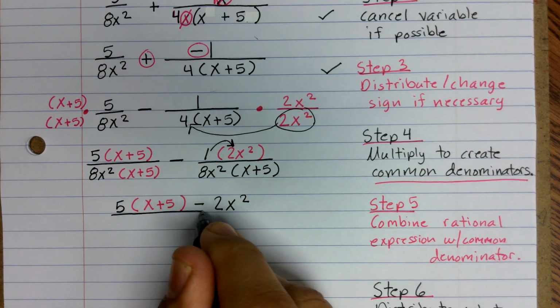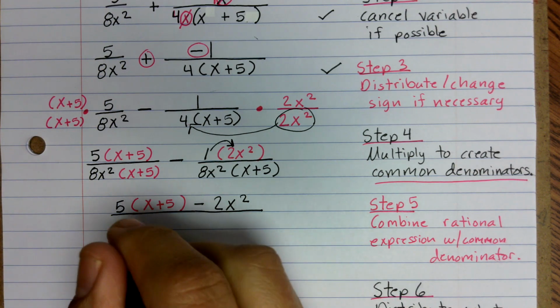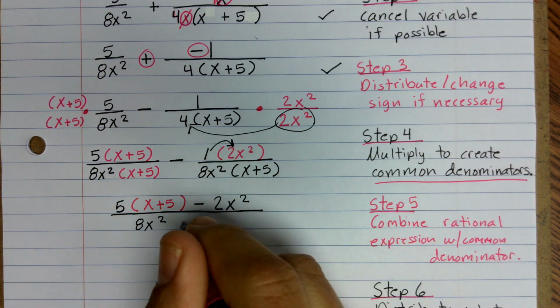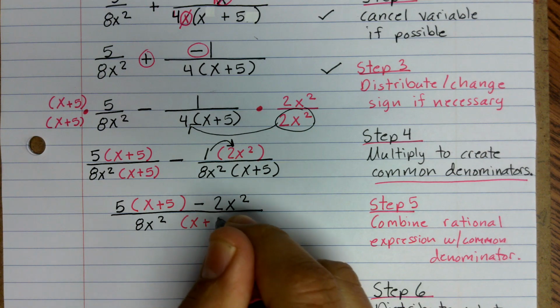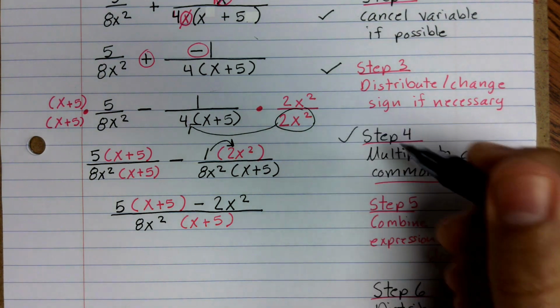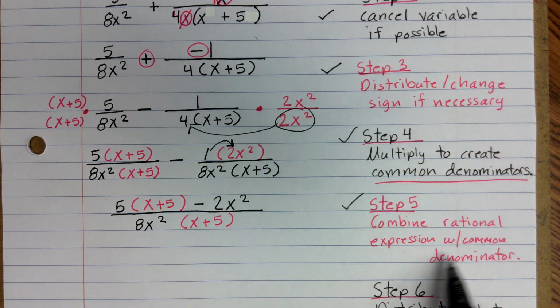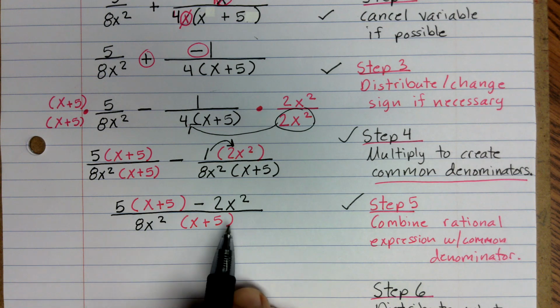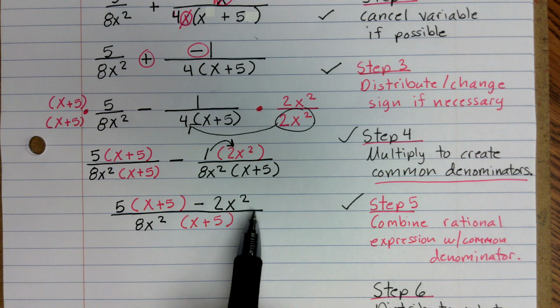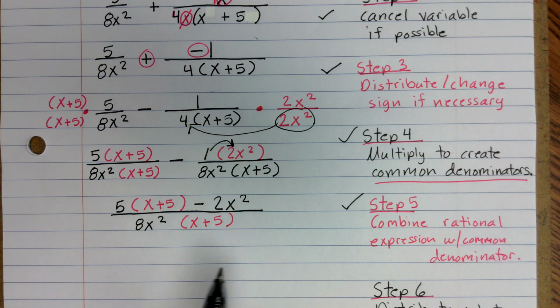And this is all going to be over 8x squared, x plus 5. So we've done step 4 and step 5 now, because we just combined the rational expressions with a common denominator. So instead of having two fractions being subtracted with different denominators, now we have this expression on top and a single denominator on bottom.